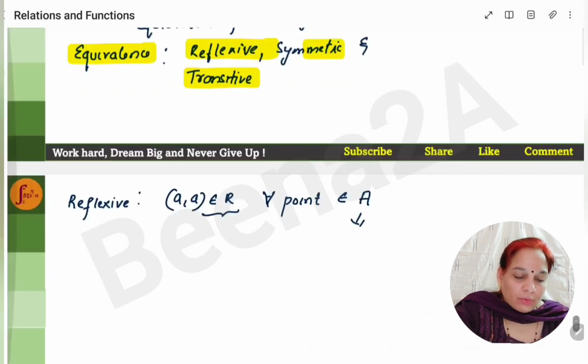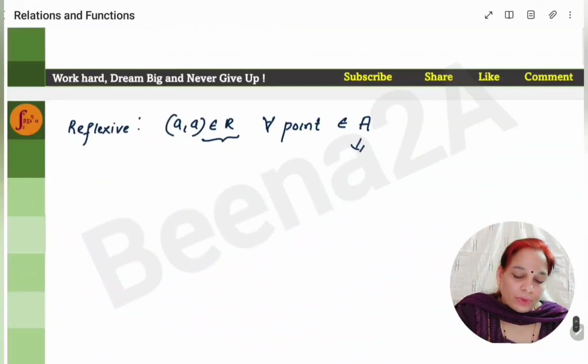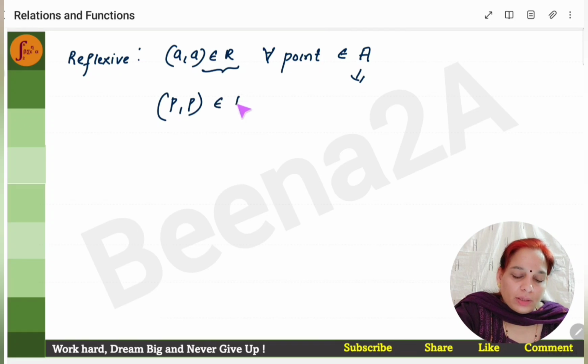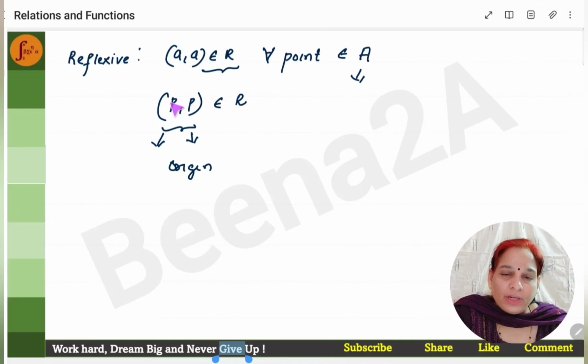Now in this example, they've given that P and Q have the same distance from the origin. So you have 2 points P and Q. As per reflexive, both the points should be the same. So (P, P). Now the distance of this point and this point from the origin should be the same, right? The point is the same.